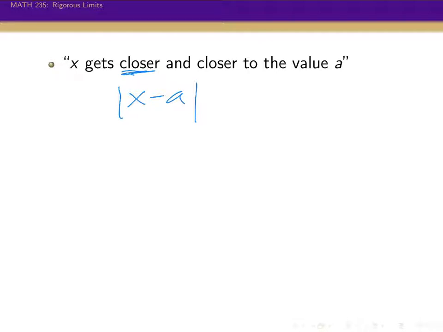And so we want this to be small. Now, this is still a little bit wishy-washy at this point, but at least we have an idea of what we mean by closeness. We're talking about the absolute value of the difference between these two being small. So we have the absolute value of x minus a is small.